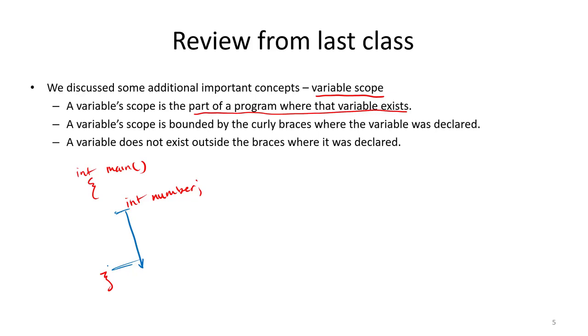So a variable does not exist outside the braces where it was declared. The reason this is important is because if we declare variables inside loops or if statements or other functions, we want to be careful not to make those variables unavailable if we need them later.